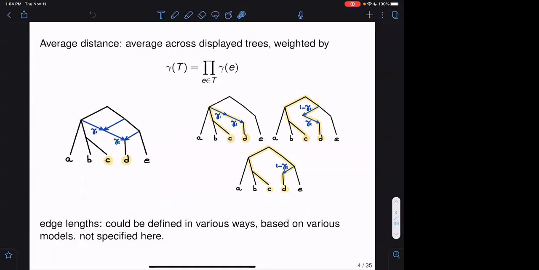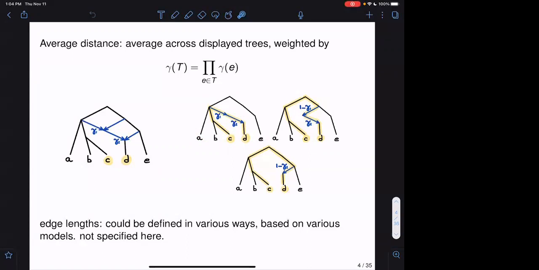One way to get a tree is to remove, for each hybrid node, one of the 2 parents and keep only one. I keep this parent, for example, and remove this one. Maybe I keep this one and remove this one. Then I get this displayed tree. On the tree, there's a unique path between the 2 leaves, and I can look at the distance between them on this path.